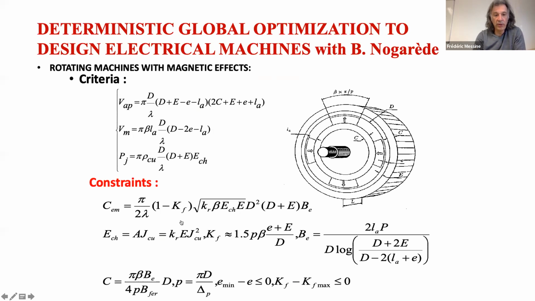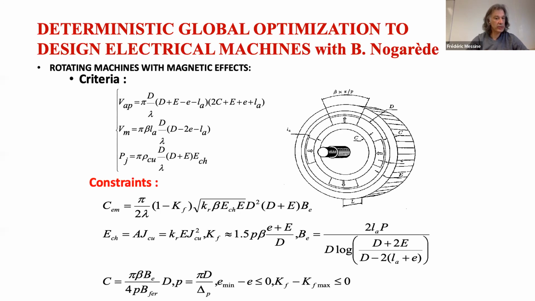Of course, that's a nonlinear problem, but that's a parametric optimization problem, because you will move just the parameters, the diameters, for example, some thickness, the air gap between the rotor and the stator. You have this, and you solve this problem.